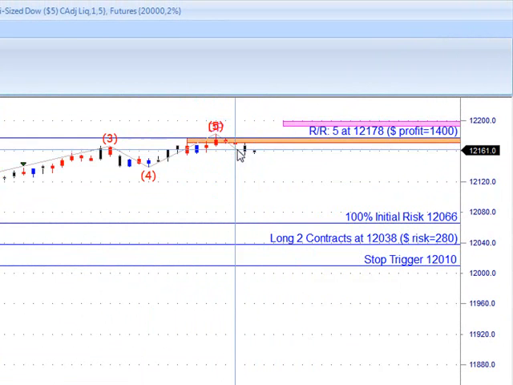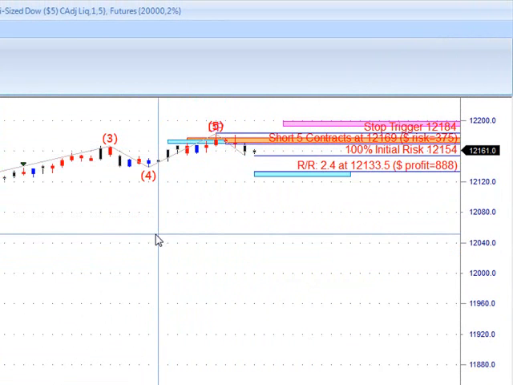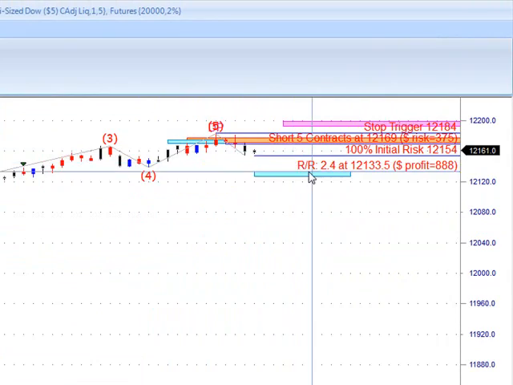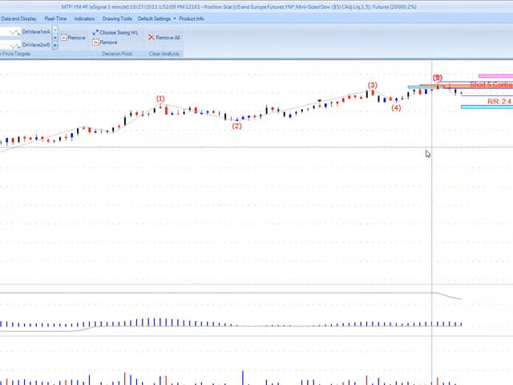I can put the analysis on that. If that hits 12,134, then take another 2.4R.